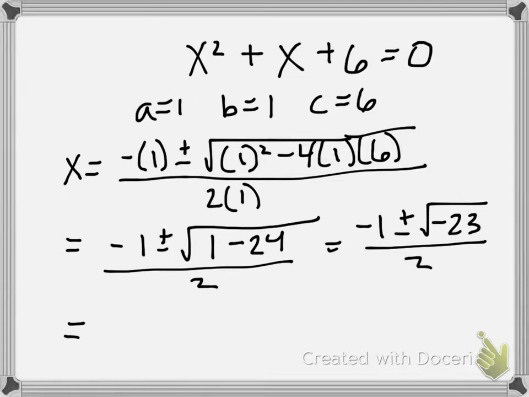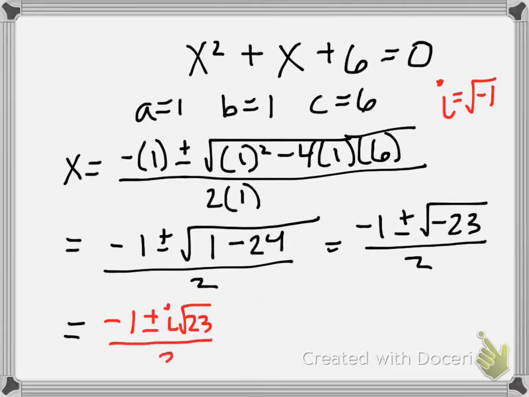If you recall, let's change colors here. Little i is called the imaginary unit, and it equals the square root of -1. So we're going to write this with an i, and those are our solutions.